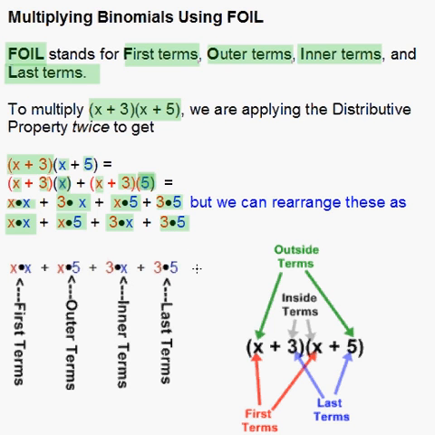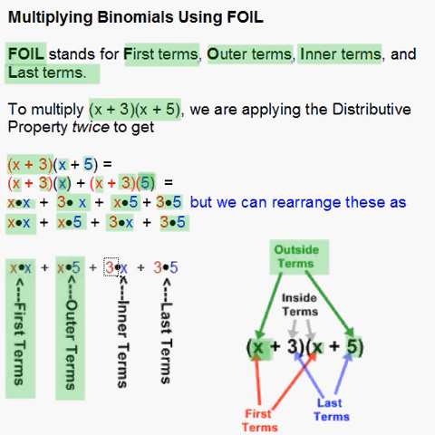Now the way these terms are rearranged is the x times x consists of the product of the first terms. Here we have an x and an x. The x times 5, or 5x, makes up the outer terms. And our outside terms are, again, x and 5.